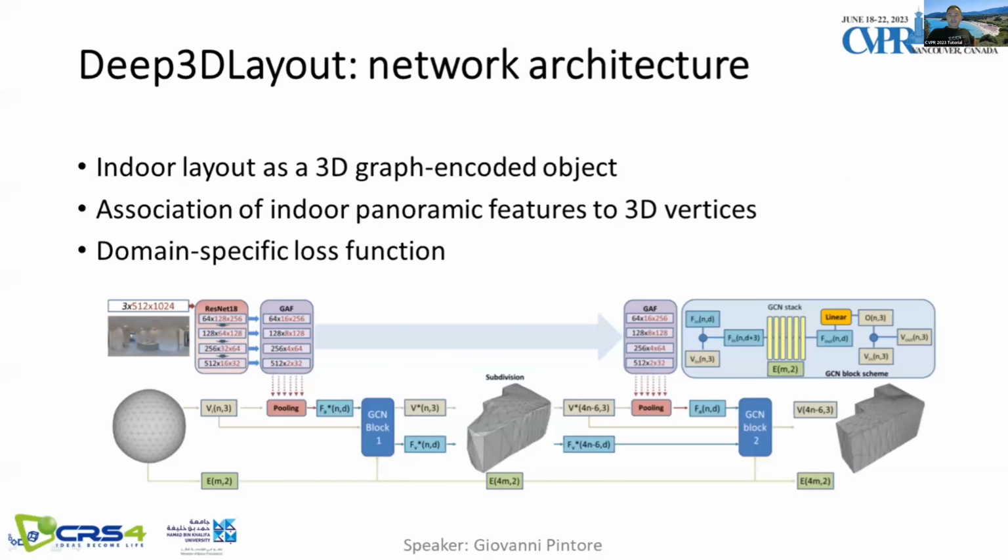Deep 3D Layout defines the indoor layout as a 3D graph-encoded object, exploiting in this architecture graph convolutional layers to infer the room structure as a 3D mesh. Then it introduces a novel way to associate the panoramic image features to the 3D vertices in an indoor environment. That is the main idea.